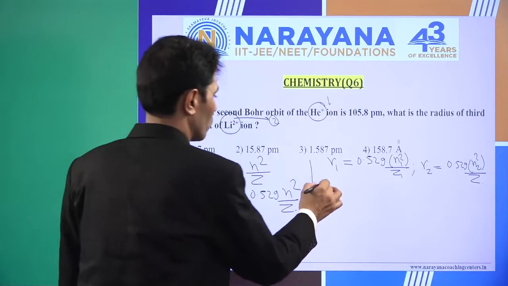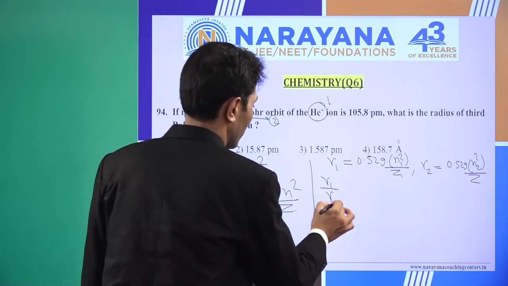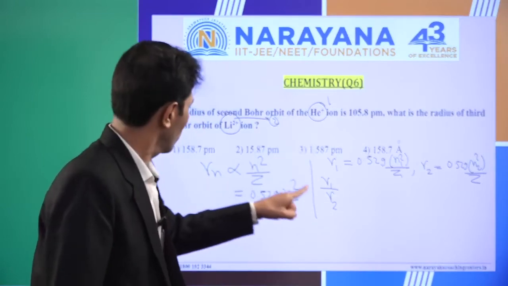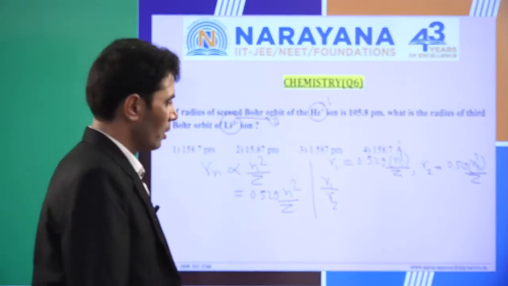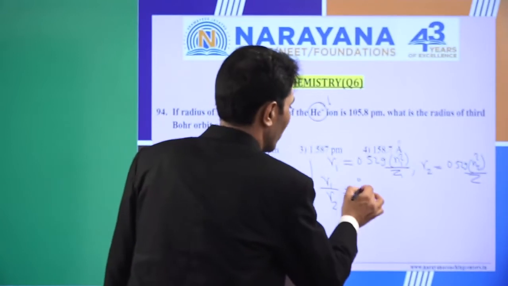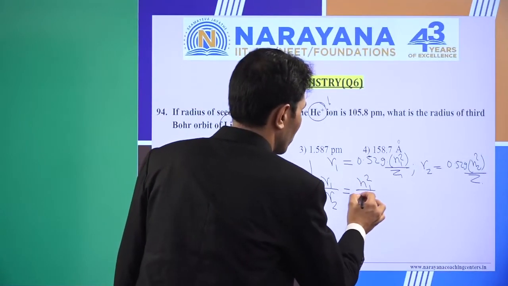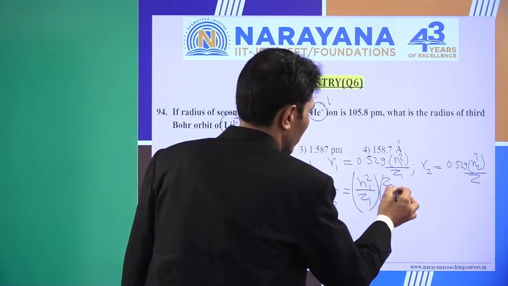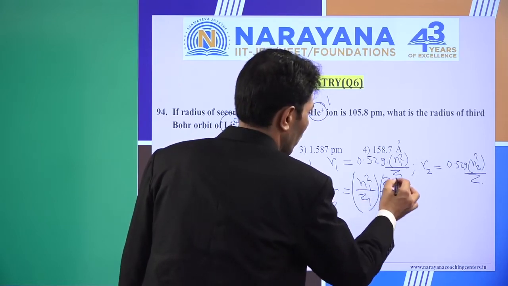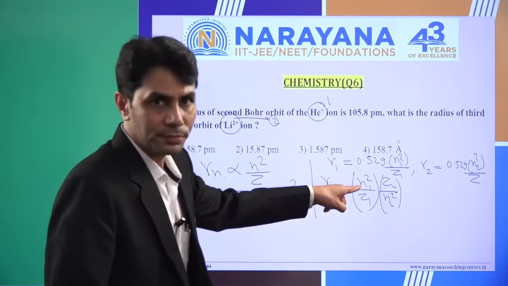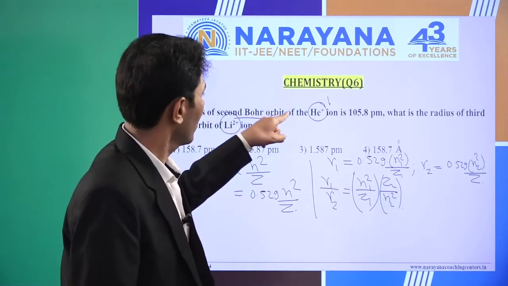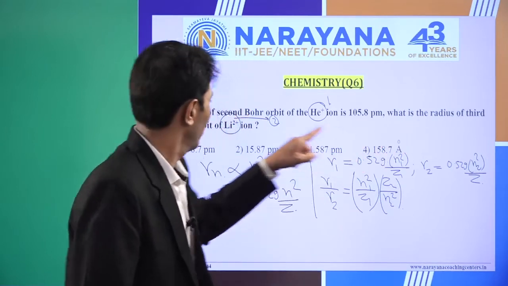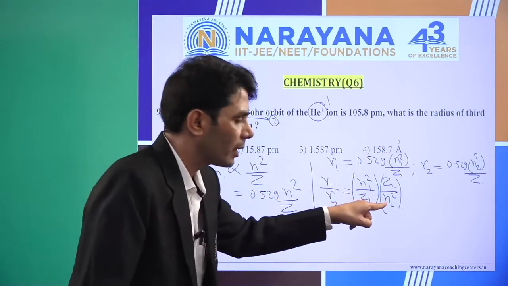If I divide these two, R1 by R2, means R of helium ion divided by R of lithium, right? So we will get n1 square by z1 and z2 by n2 square. What is n1? n1 is the second Bohr's orbit, so it is 2, and n2 is the third Bohr orbit, so this value is 3.